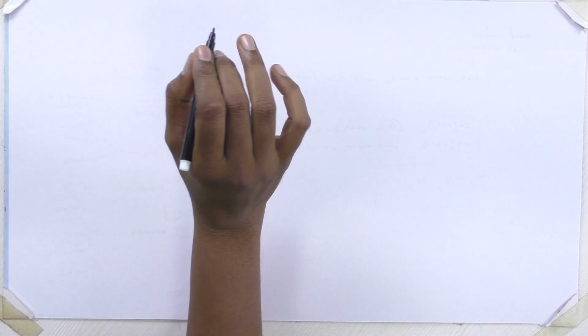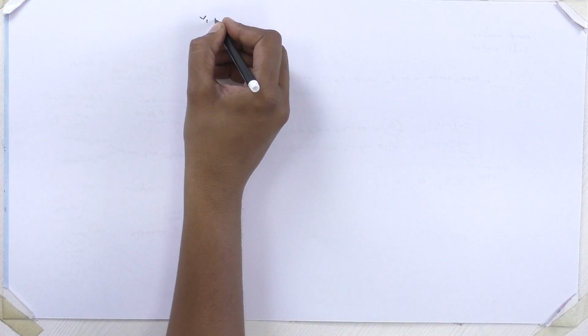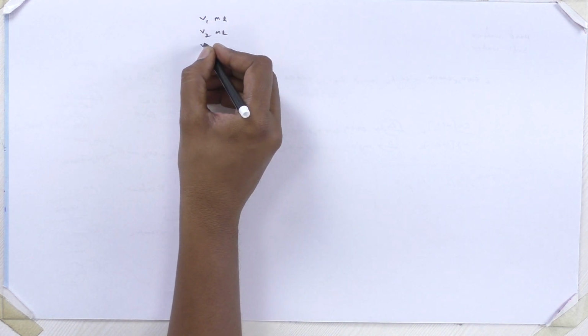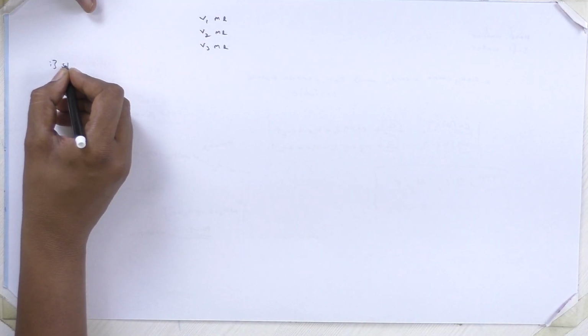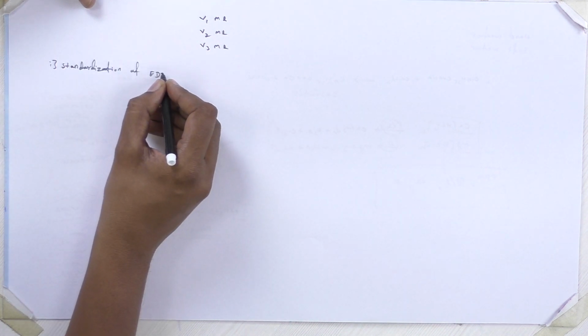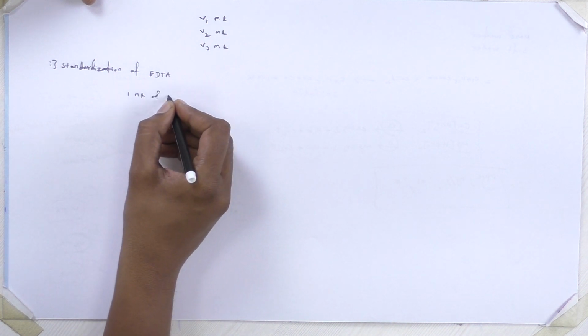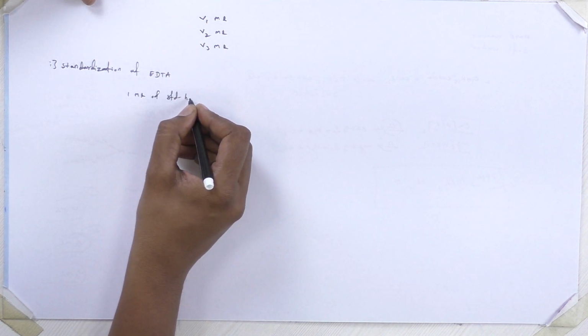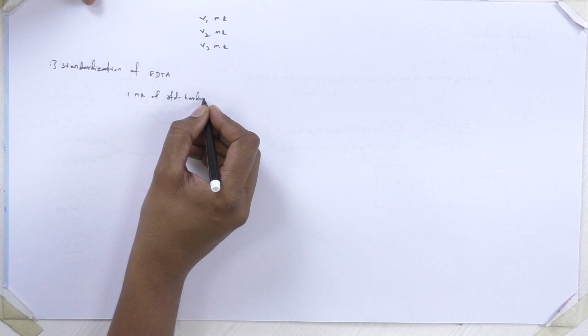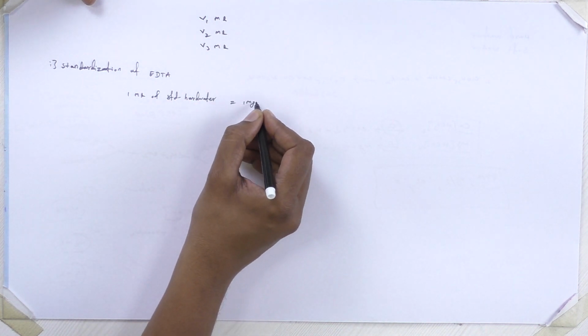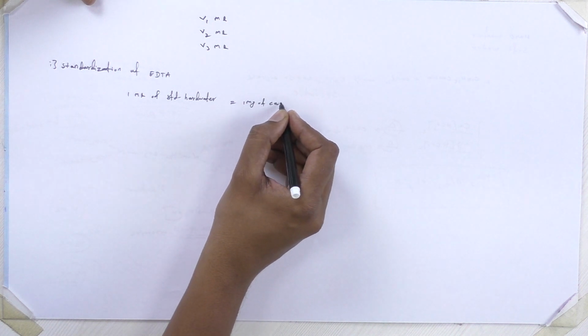Now you have three readings: V1 ml, V2 ml and V3 ml. We are now entering into the calculation part. The first calculation is standardization of EDTA. Actually, 1 ml of standard hard water consumes 1 milligram of calcium carbonate.